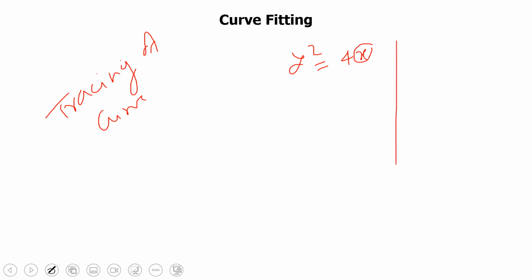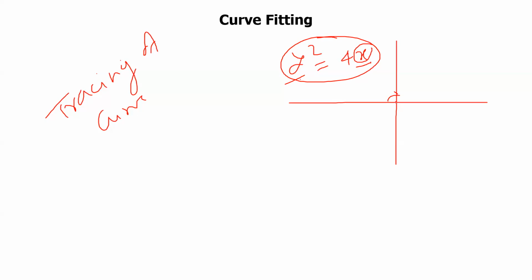Sometimes we can also draw such a curve by using some definite properties. Since x and y are present, if you put x equal to 0, y equal to 0. So this curve satisfies the equation at the origin, which means it includes the origin. And also since the power of y is even, it is symmetric about the x-axis.